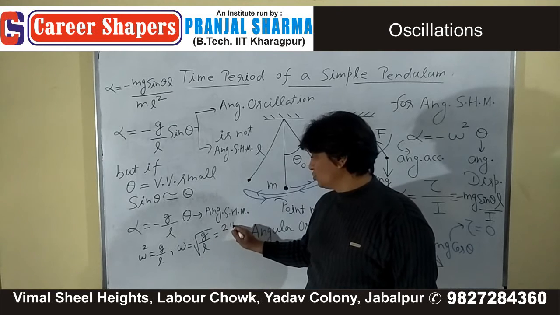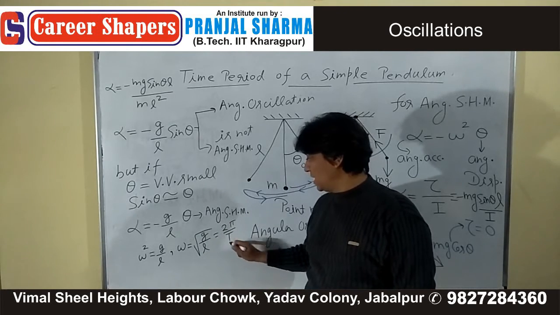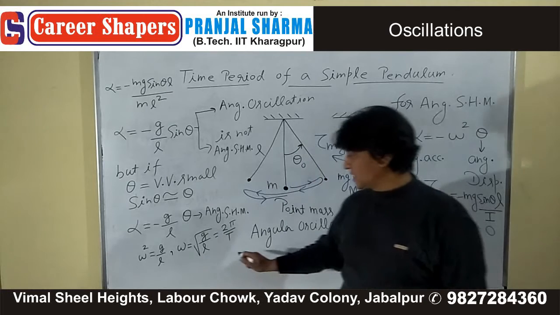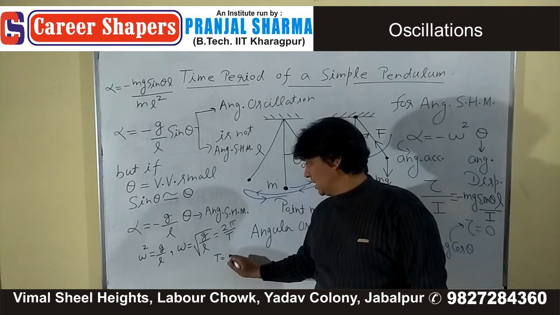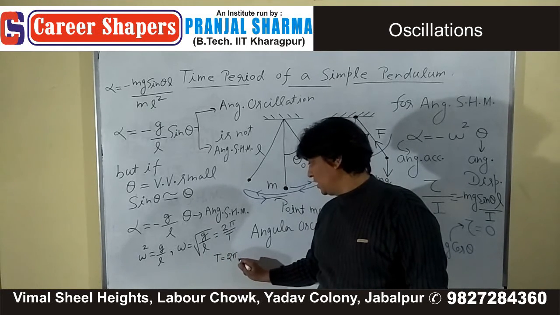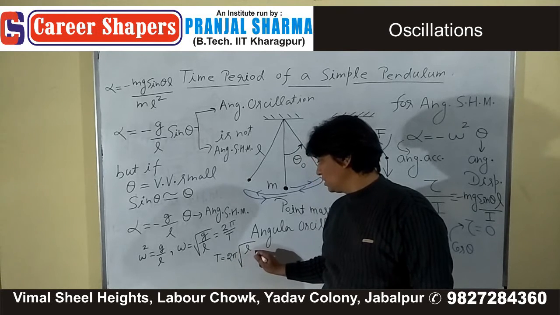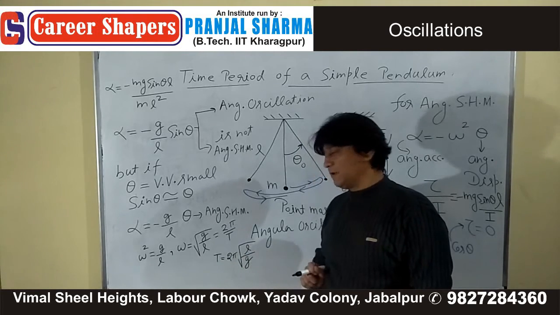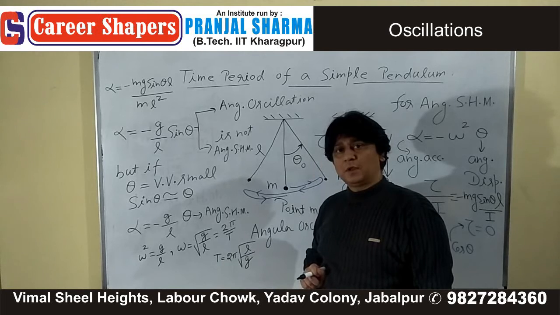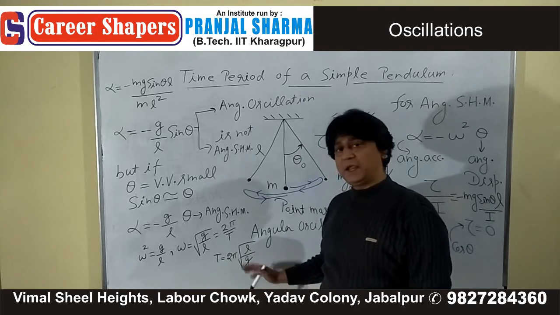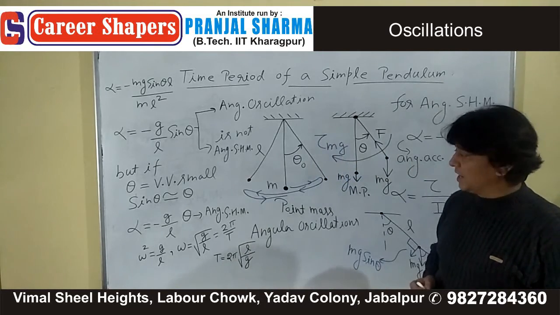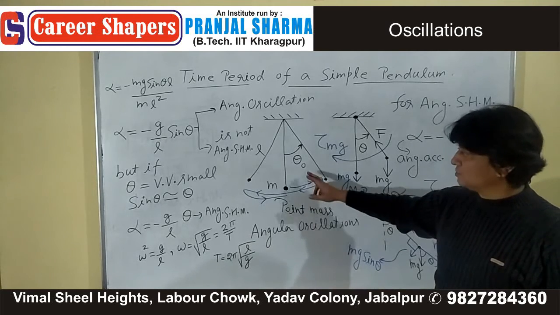Omega is 2 pi divided by T, which gives us time period as 2 pi root over L divided by g. I hope you have seen this format. T equals 2 pi root over L upon g. This is the time period of a simple pendulum.